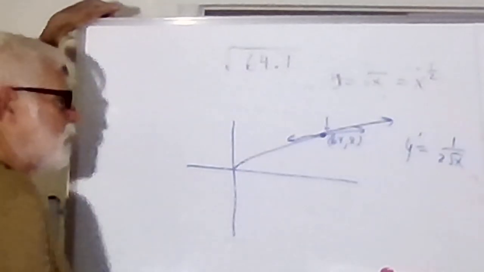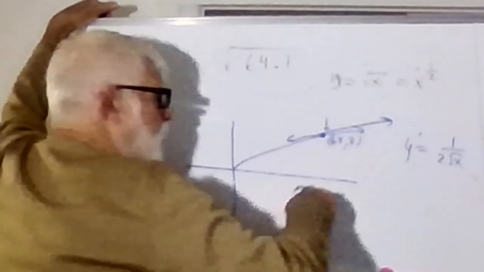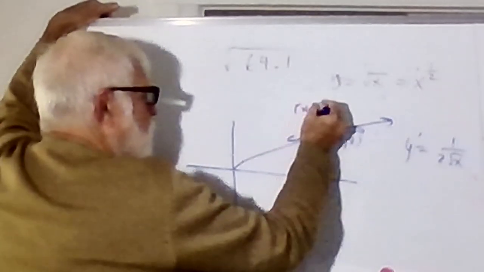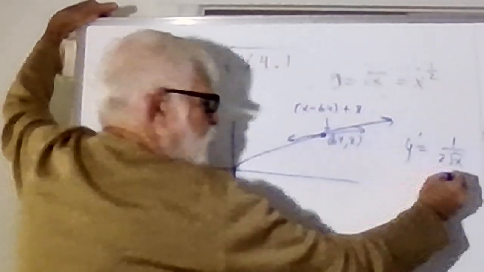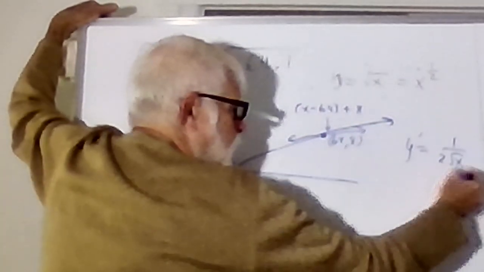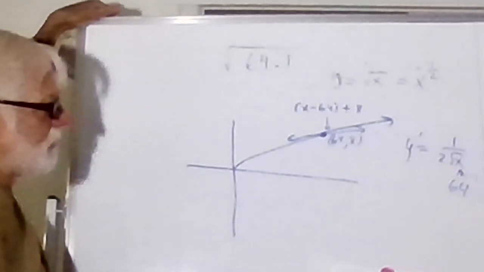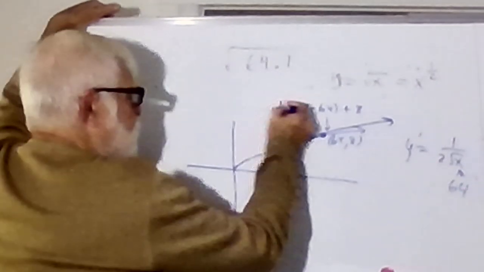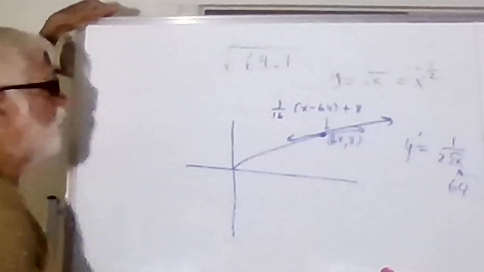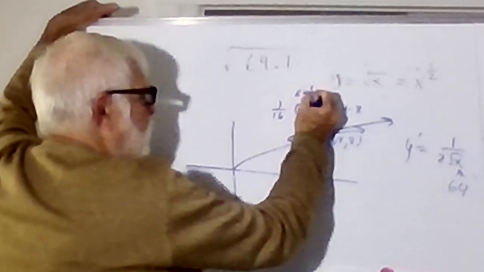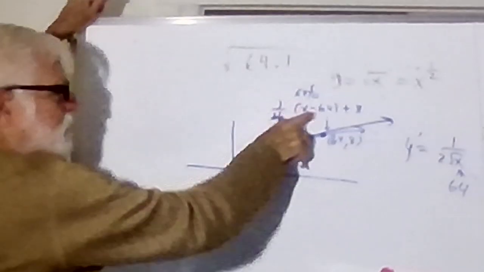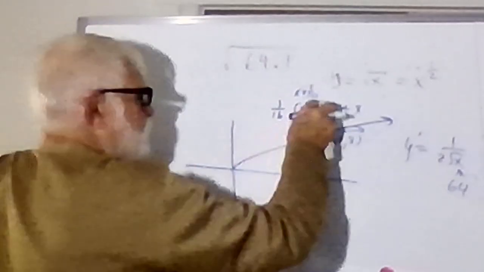So I can write that equation now, the tangent line. I know 64 gets me 8, and I know that I'm changing at square root of 64 is 8, 1 over 16. So when I drop 64.1 in here, which is 64 1/10, and I subtract 64, I get 1/10.